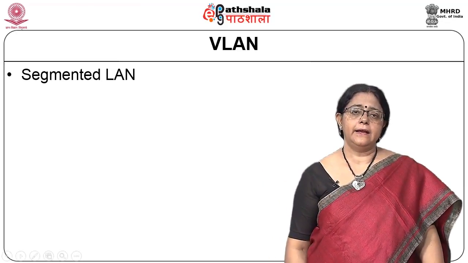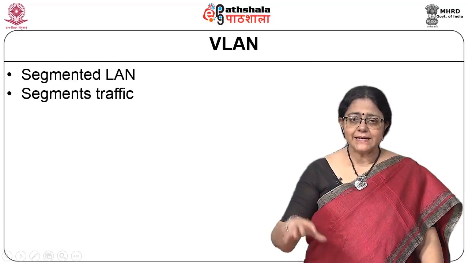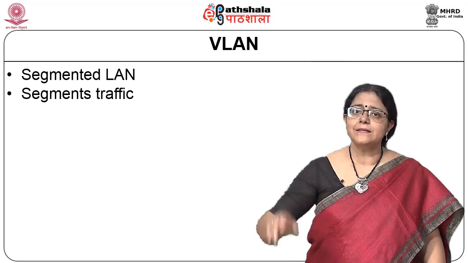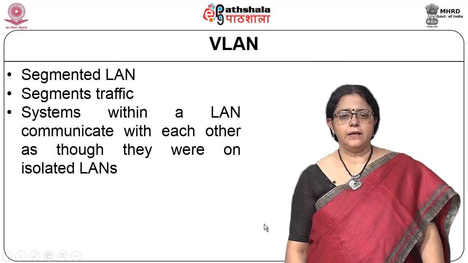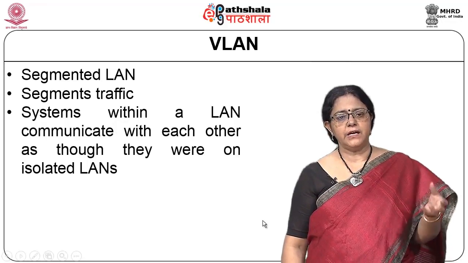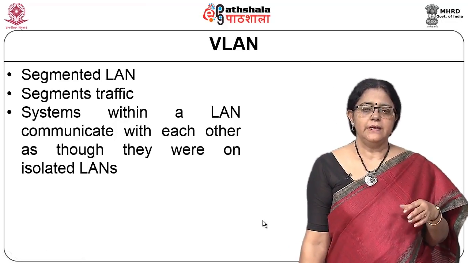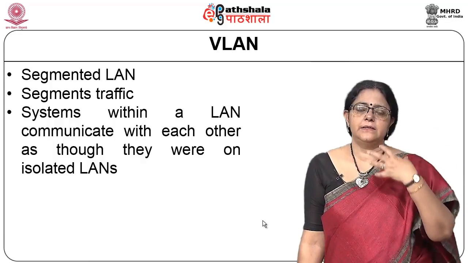VLAN helps in that. It segments the LAN and it segments the traffic. The systems within a LAN will communicate with each other as if they are in different LANs.